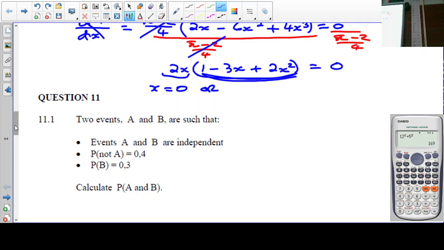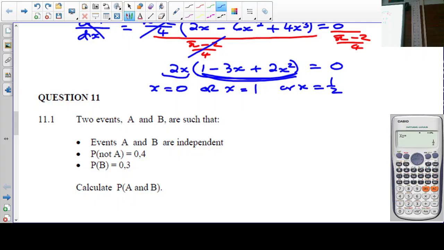No? You use it. So x is equal to, use your quadratic formula. Your coefficient of x squared is 2, sorry, so it's going to be 2, negative 3 and 1. So x works out to be 1, or x works out to be a half.